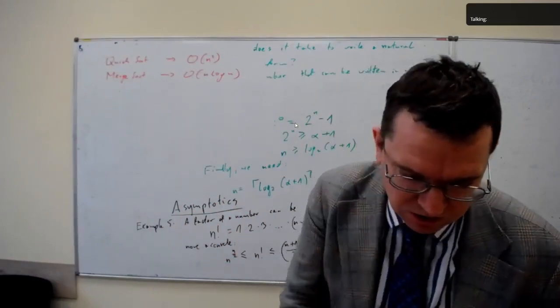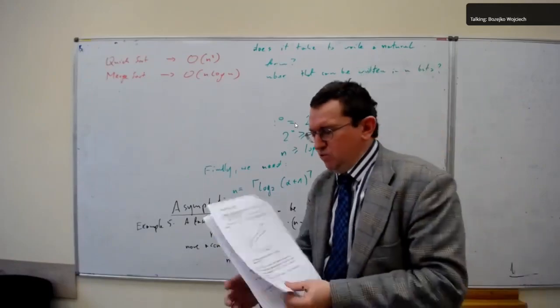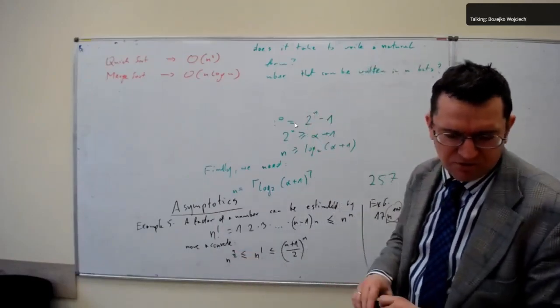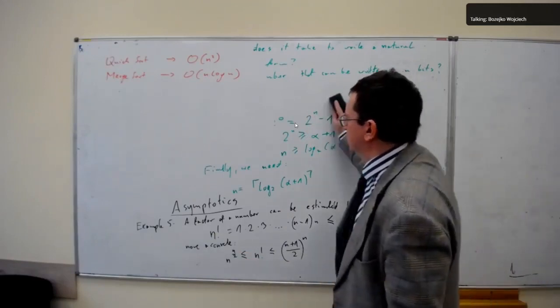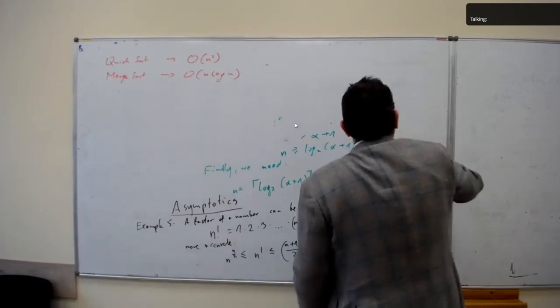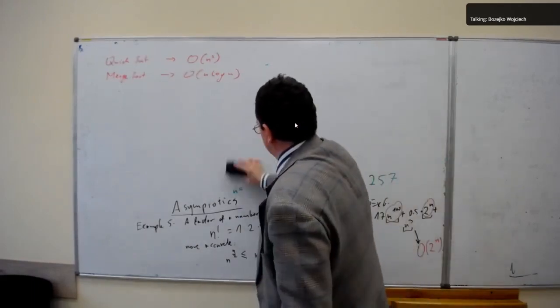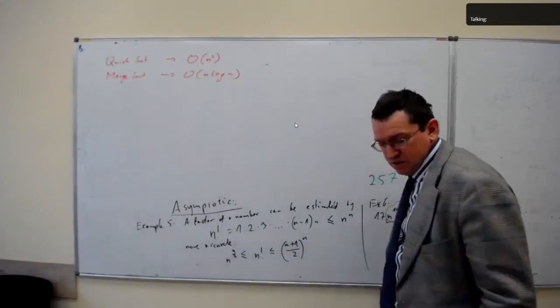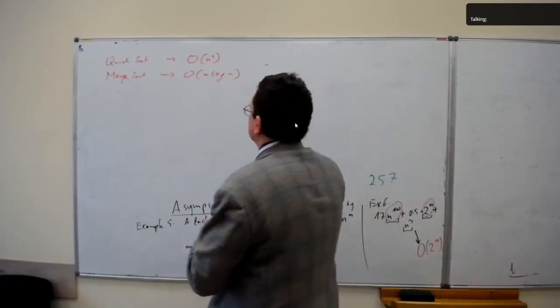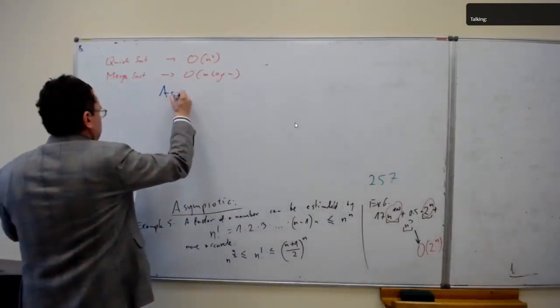Okay, so we need a denoting for such situations. And the main function used here is the so-called big O, this one. How is it defined? Asymptotic notation.